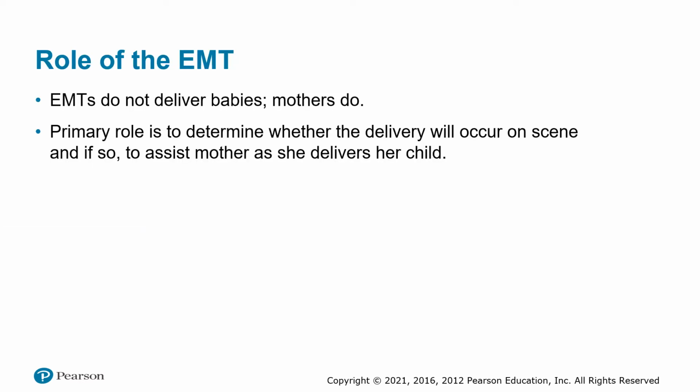So in normal childbirth, we do not deliver the babies, moms do. Our primary role is basically to facilitate that delivery and to make sure that mom is taken care of and baby is taken care of if we need to.